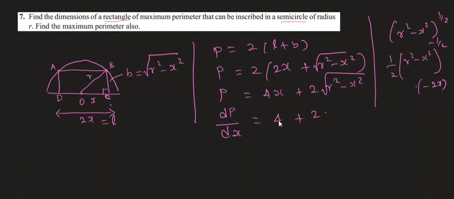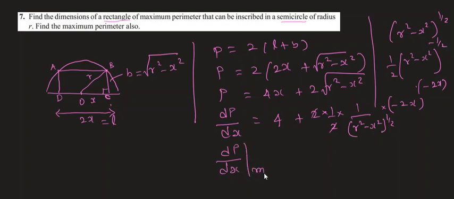So 2 into 1 by 2 into 1 by r squared minus x squared power half into minus 2x. Let us cancel this.